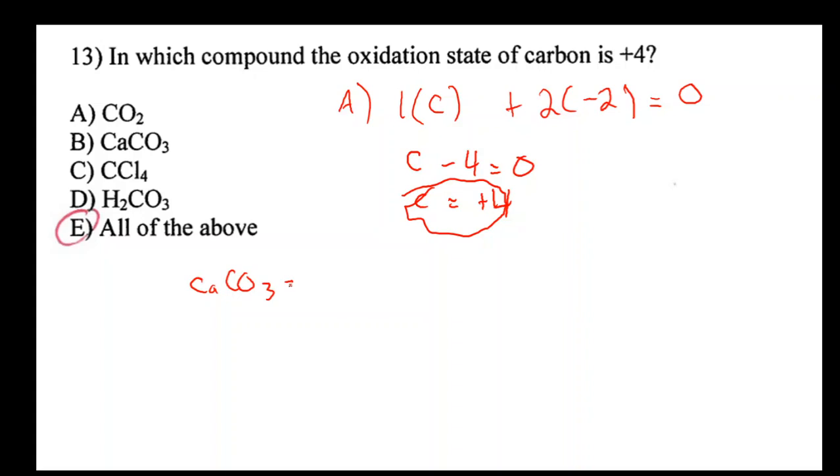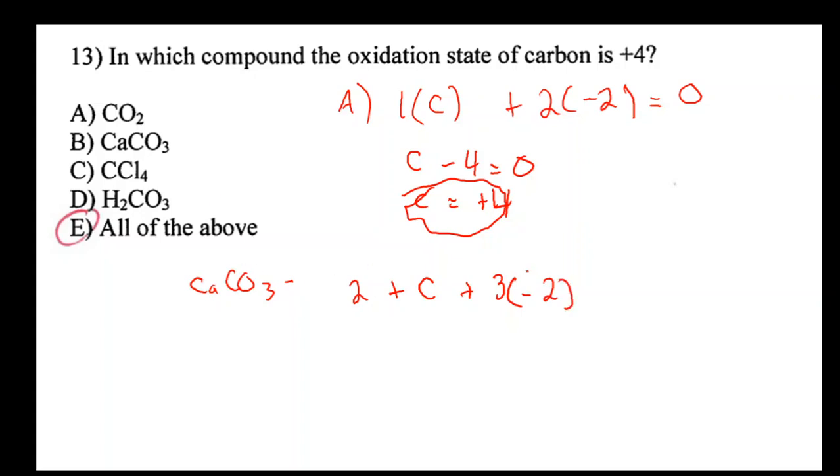In this case, we have CaCO3. Calcium is a group 2 metal, so those always have a charge in their ionic state of +2, and there's one of those. So we have 2 plus 1 carbon at our unknown charge, C, plus 3 oxygens, and remember oxygen always has a charge of -2.